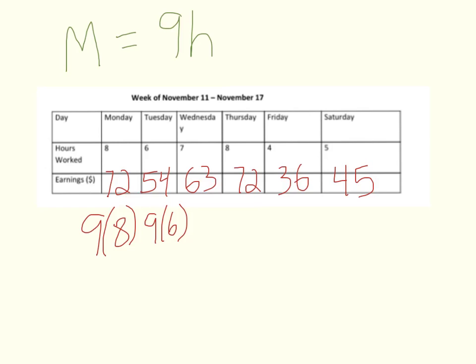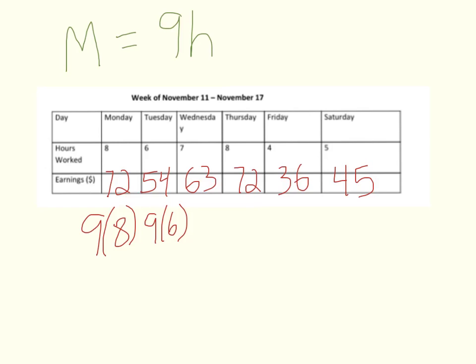Now the last question, question 4, says describe the relationship between the number of hours worked and the earnings. Well, the easiest way to put this is as the number of hours Pat works increases, the amount of money she gets paid increases. So as H increases, M increases.